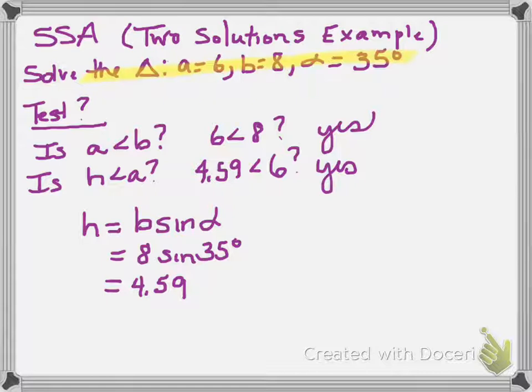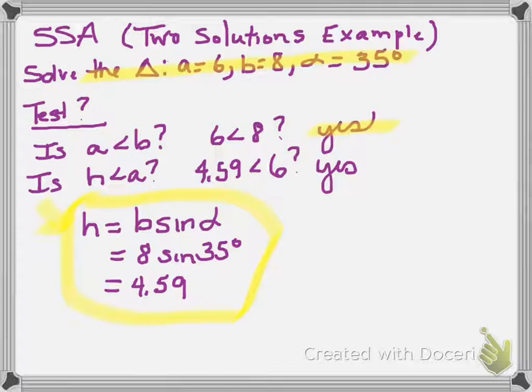The first one, is A less than B? Is 6 less than 8? Yes. The next one, is H less than A? Well, first, I need to find out what H is. So I'll go here first. H is equal to B sine alpha. B is 8 and alpha is 35. So I substitute that into the formula.